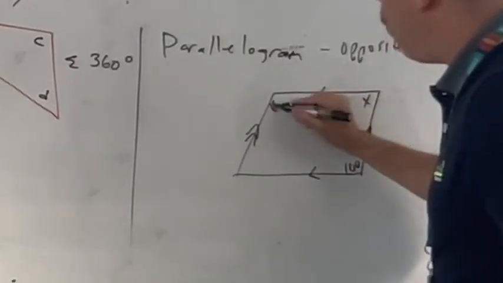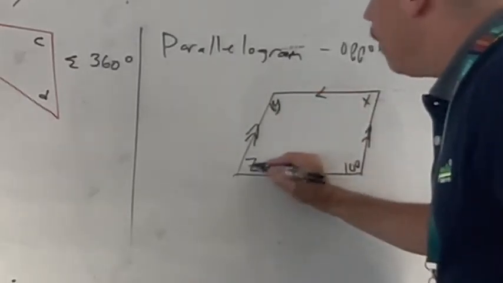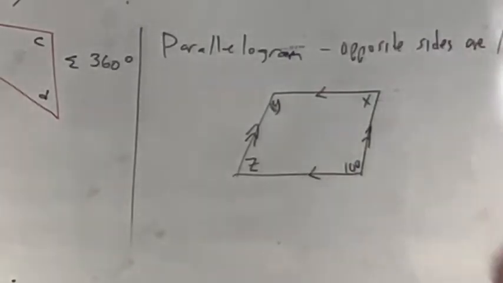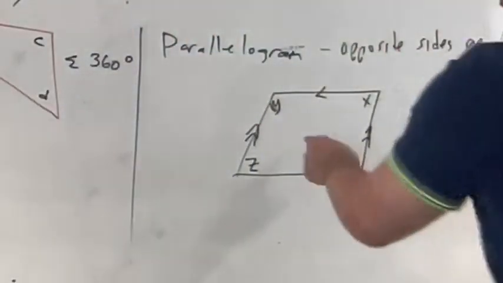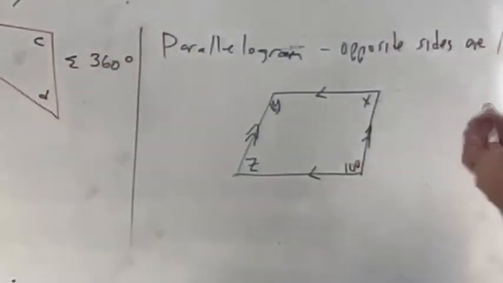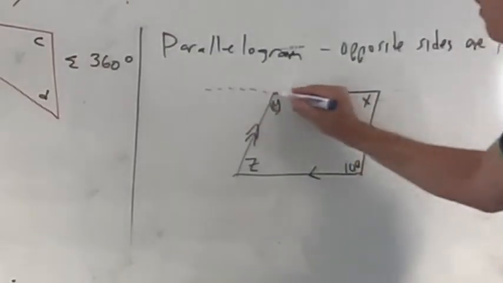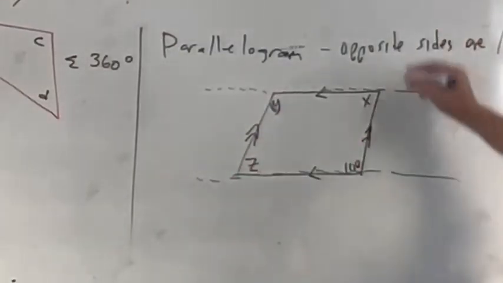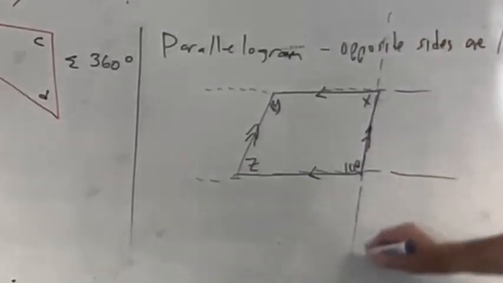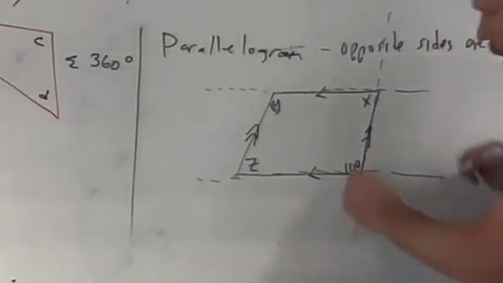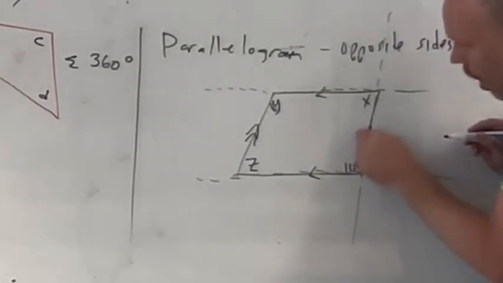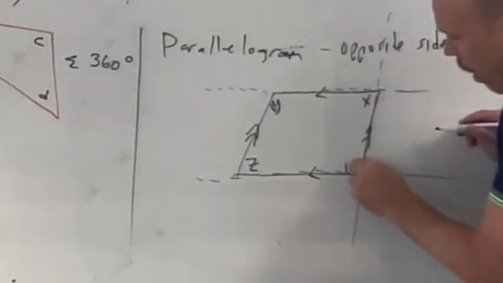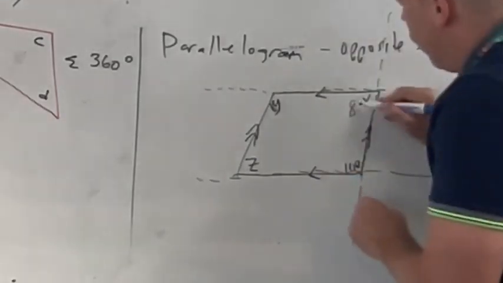This is Y, and this is Z. Well, you're in luck, because if you have a parallelogram, you have parallel sides. So first what I'm going to do is extend this out and do my transversal. And you say, oh, Mr. Adler, these angles are the same side. That means if this is 100, this is 80.